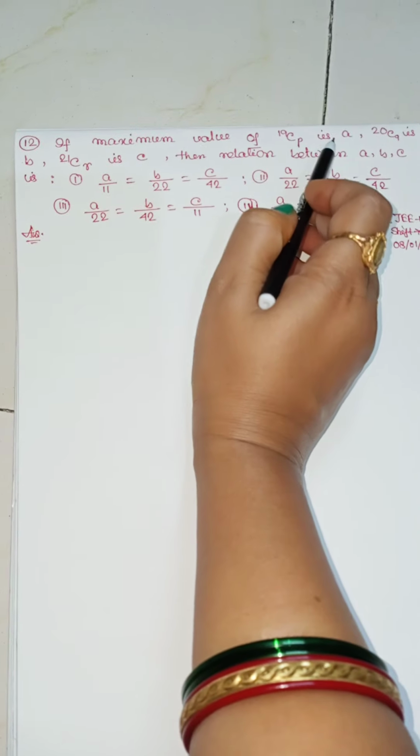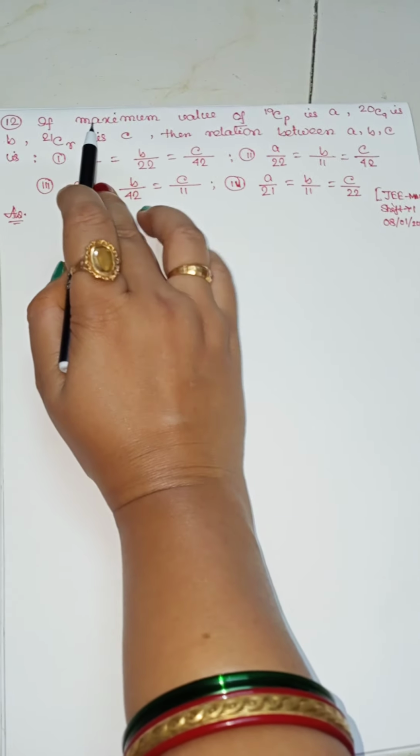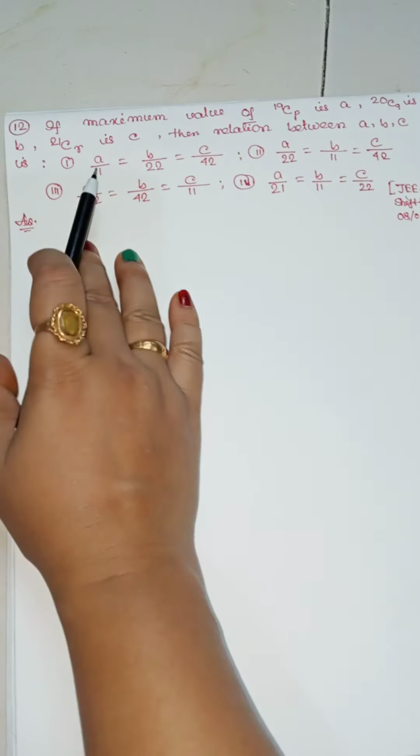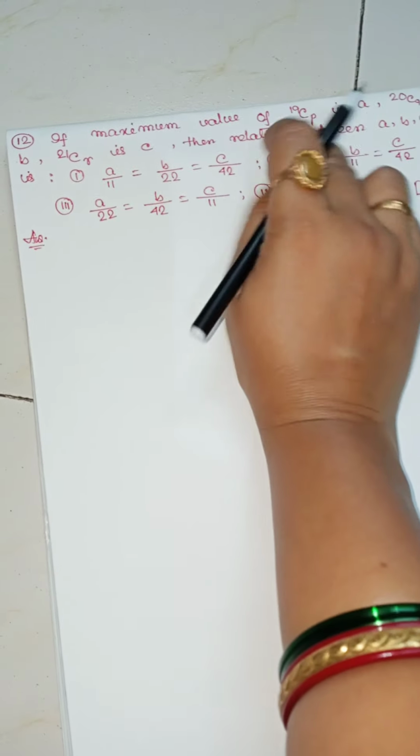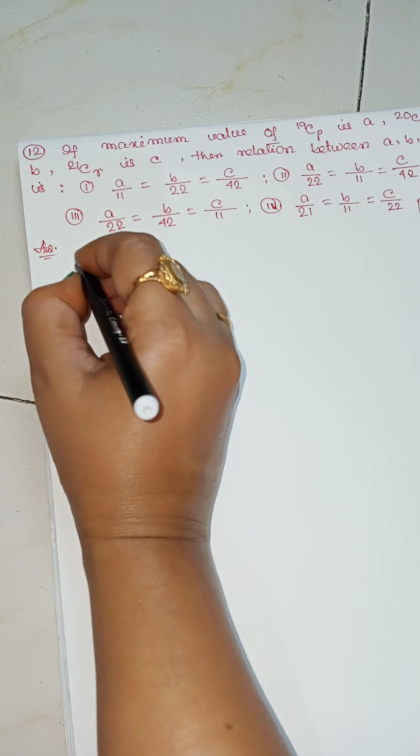Now, the maximum value of 19CP is A. Let's try to solve the question.